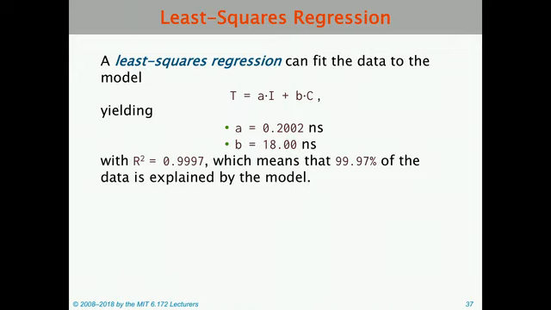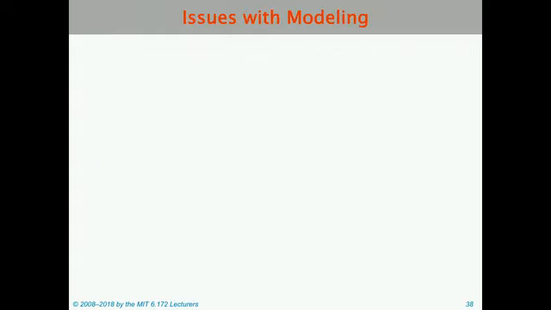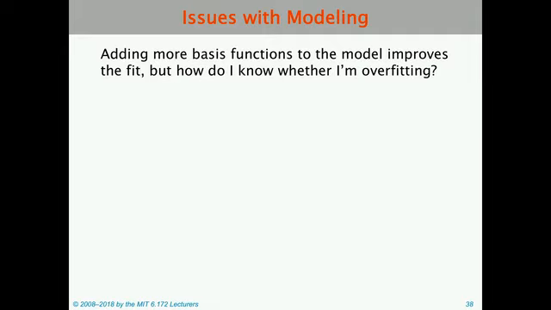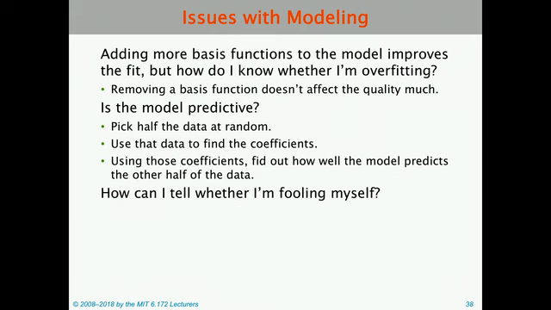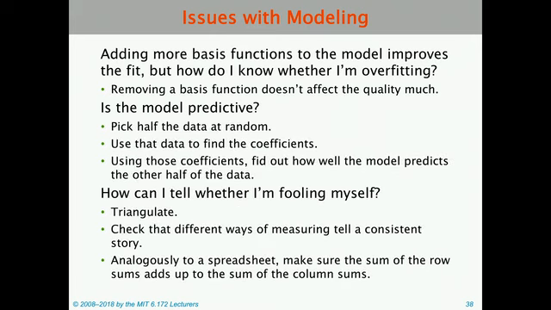There's once again some statistics behind that. I'm not going to go over it here, but you can look in the notes. There are a bunch of issues with modeling, which is that you can overfit very easily. If you add more basis functions, you will fit the data better. So how do you know if you're overfitting? The answer is if you remove a basis function and it doesn't affect the quality very much. Is the model predictive? I'm just going to let you look at these because they're pretty self-explanatory.